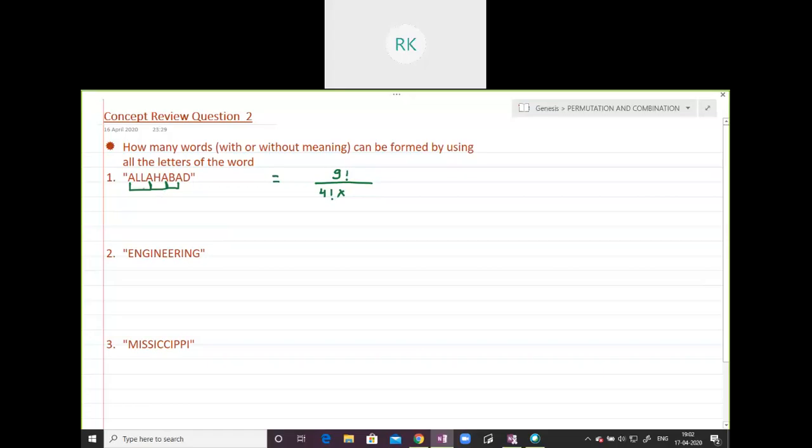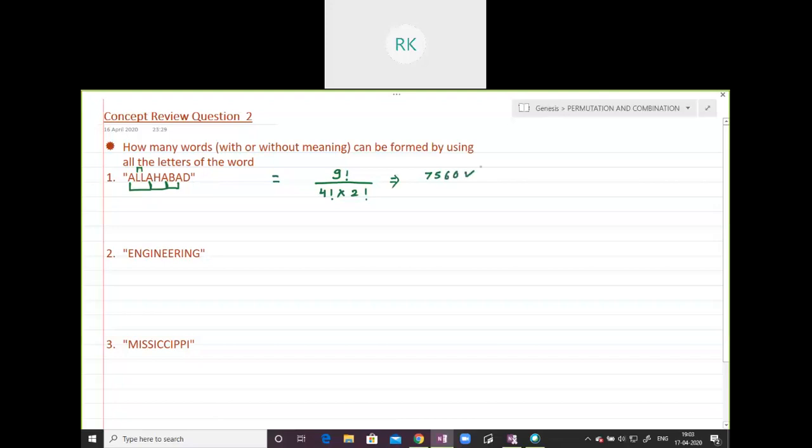If you watch very carefully, L repeats how many times? 2 times. Look at this, L 2 times. So again, divide by 2 factorial. Yes, Sankirt and Nidhi, congratulations, right answer. So 9 factorial divided by 4 factorial into 2 factorial. So what will the answer be?